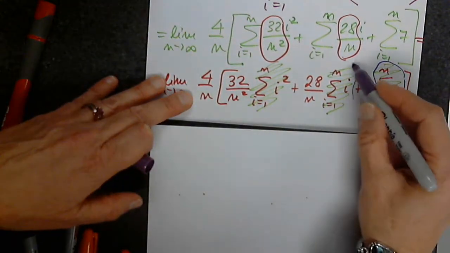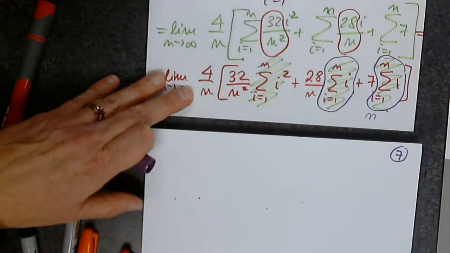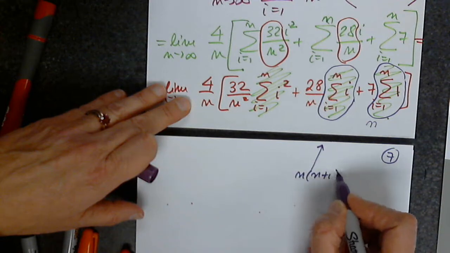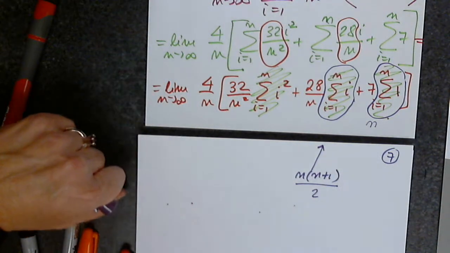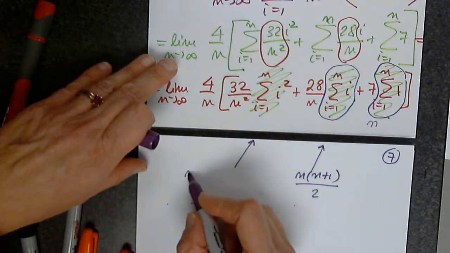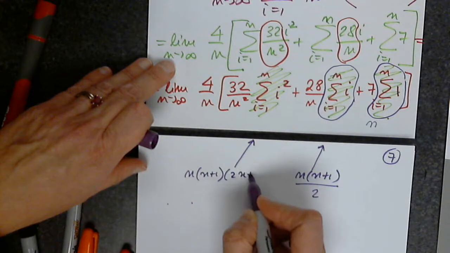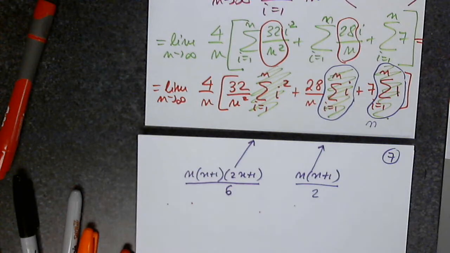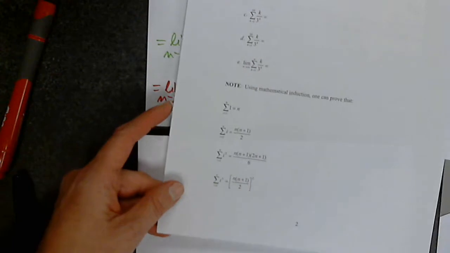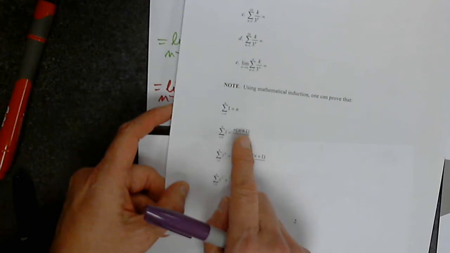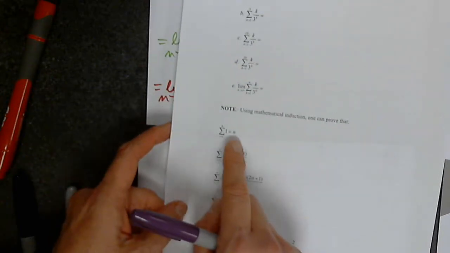What do I replace this quantity by? n plus 1 divided by 2. And what do I replace this quantity by? It's n plus 1, 2n plus 1 divided by 6. Why? How do I know these? From here. The sum of I squared is n plus 1, 2n plus 1 over 6. The sum of I, n plus 1 over 2. And the sum of 1 is n.